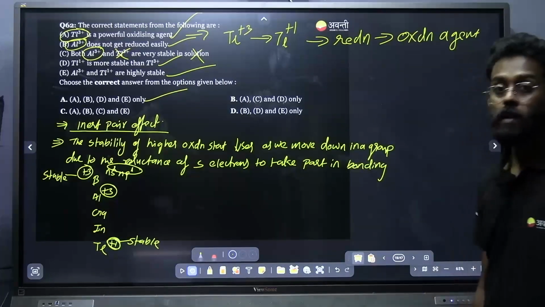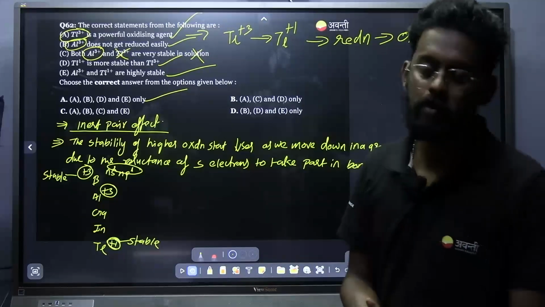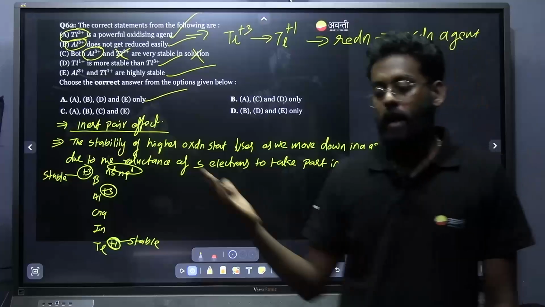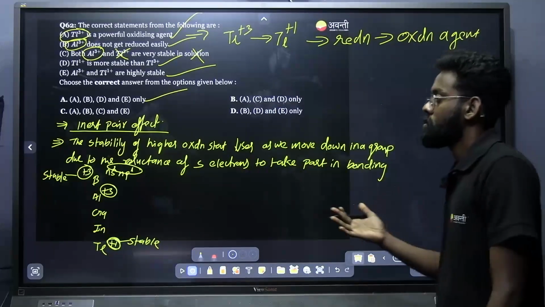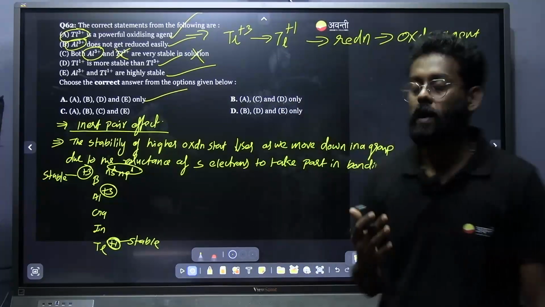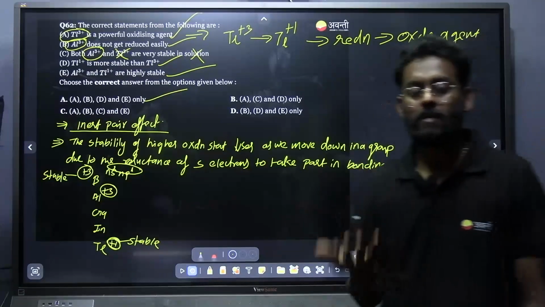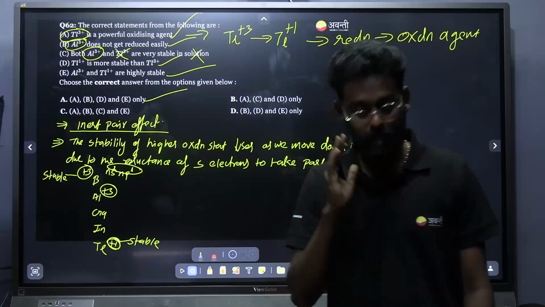Have you all understood the inert pair effect? This is the part that I missed in the periodic properties of elements because of the time limitation. I hope I have covered that here. What the inert pair effect is: as we go down, the stability of the higher oxidation state decreases because of the poor shielding of d orbitals.